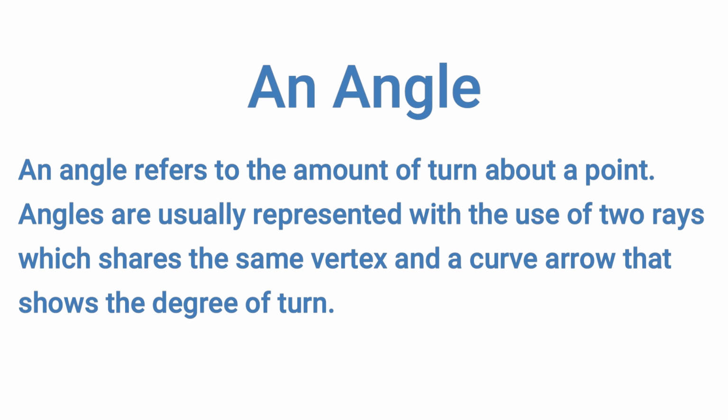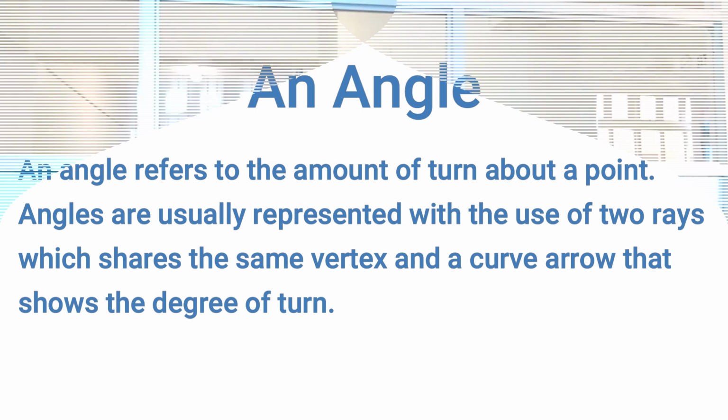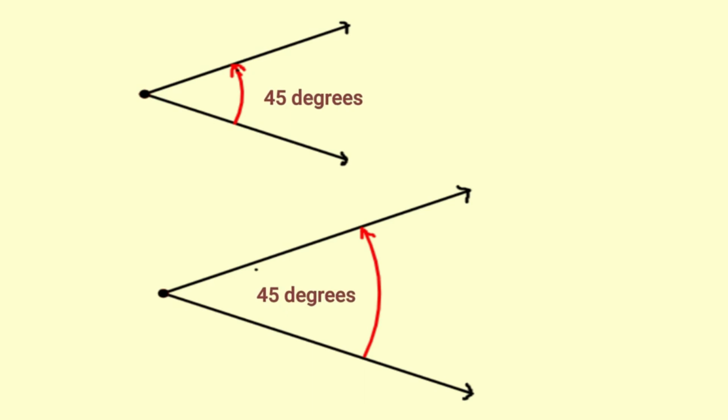Now, in addition to that, it can also be an effective way of clarifying a popular misconception students have as it pertains to angles. Many times the students are of the view that the longer the rays are, or the further up the ray the curved arrow is, then the larger the angle is.